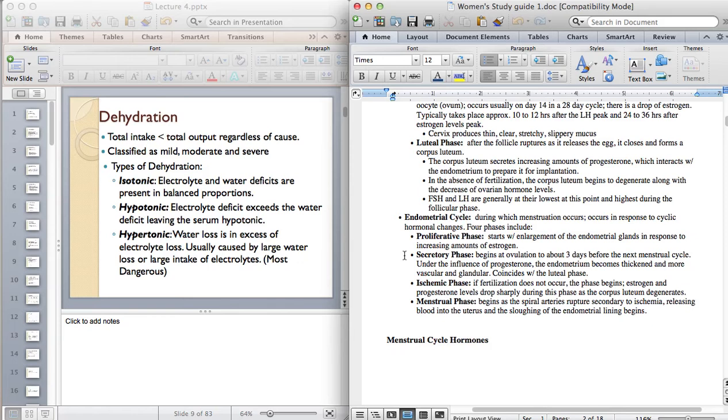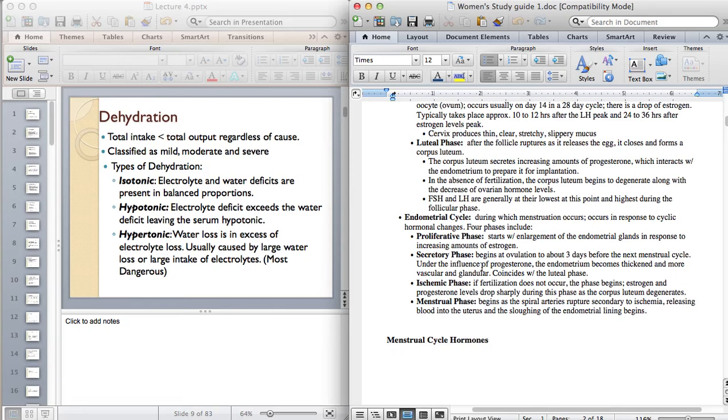And then we look at the hypotonic one. This could be a condition whereby you have more fluid loss than electrolyte loss. Hypo, you have more electrolyte than fluid.